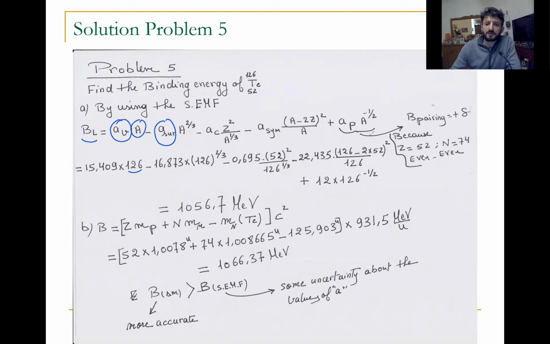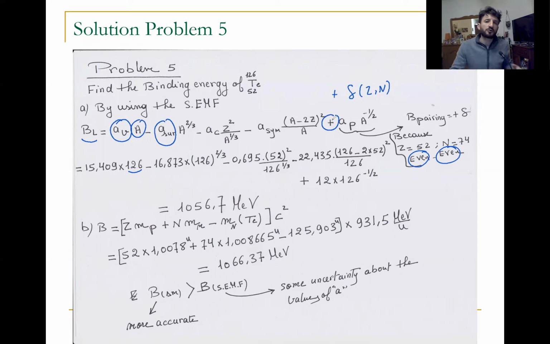Here, be careful. I write plus, here we have plus delta(Z,N), the pairing term. Why do I put plus A_P times A power minus half? Because we have an even number of protons and neutrons. If we have even-even, you have to put plus.